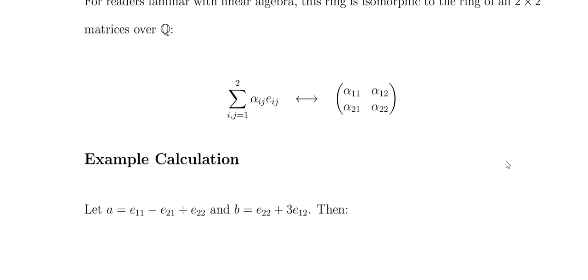So this is isomorphic to the matrix with entries alpha11, alpha12, alpha21, alpha22. Let A equal E11 minus E21 plus E22, and B equal E22 plus 3 E12.